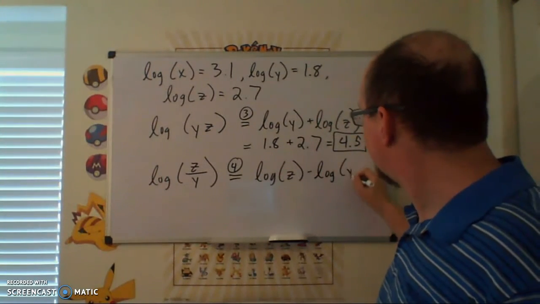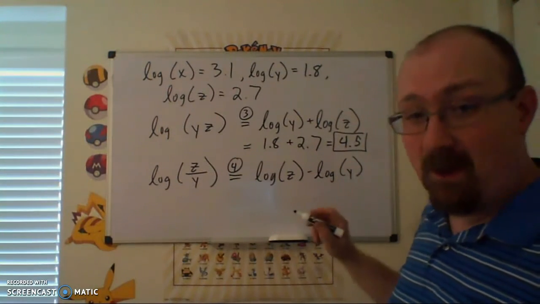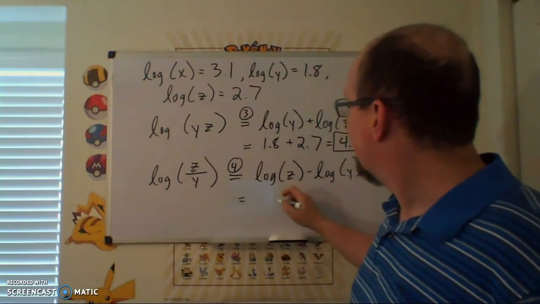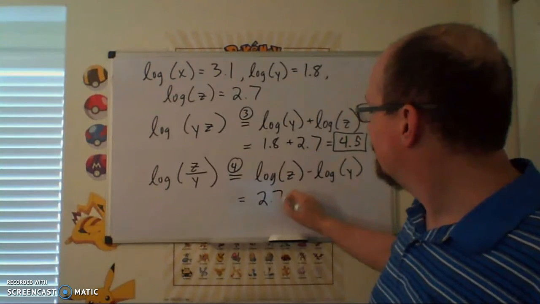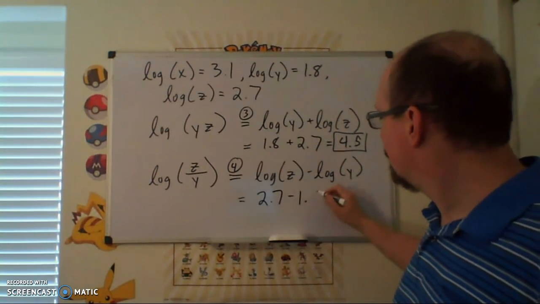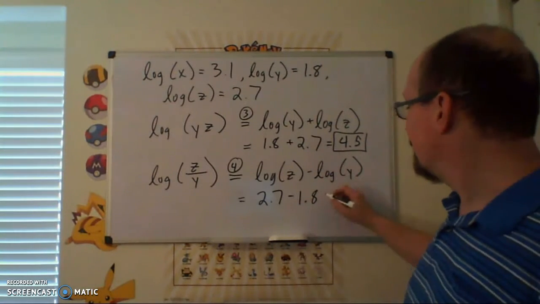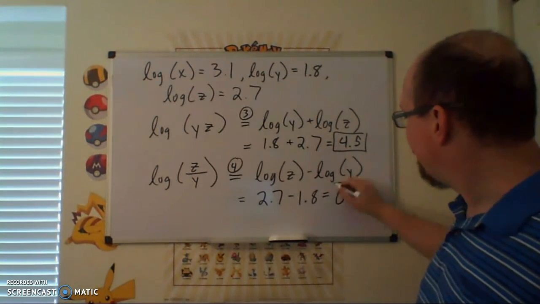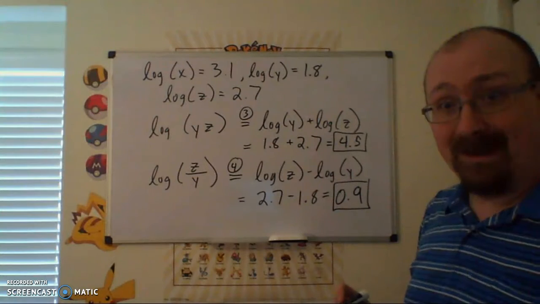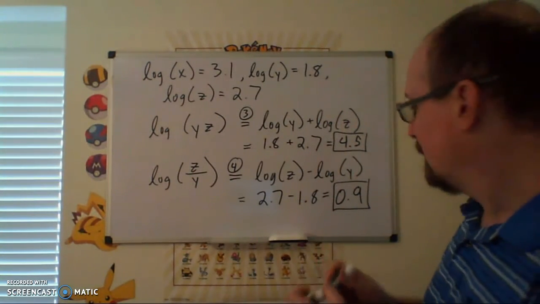So we have the log of z minus the log of y. And we said before, the log of z is 2.7. The log of y is 1.8. We work out the arithmetic there. 2.7 minus 1.8 gives us a final value of 0.9 in that instance. All right?